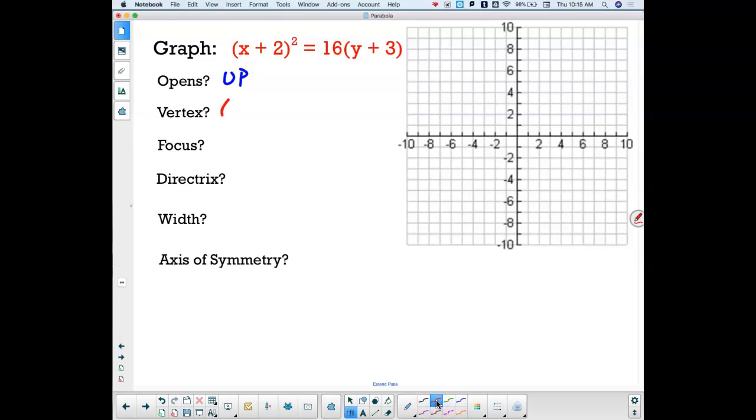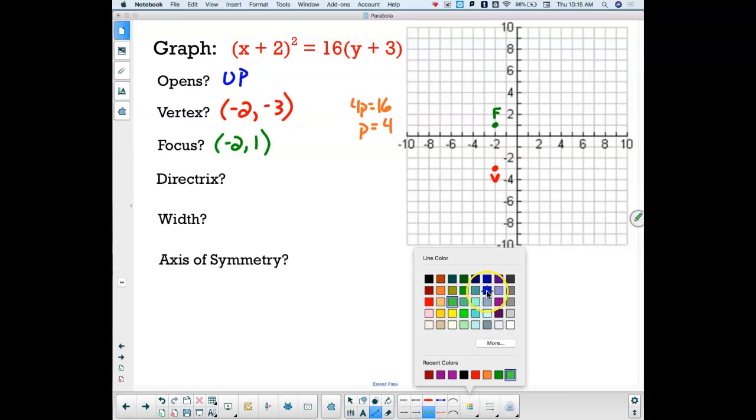Vertex I get at -2, -3. 16 is 4p, so p is 4. So that tells me I have to go up 4: 1, 2, 3, and 4. There is my focus. That's going to be at the point -2, 1.